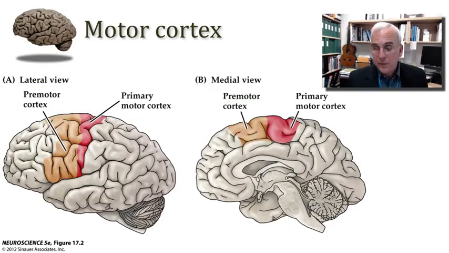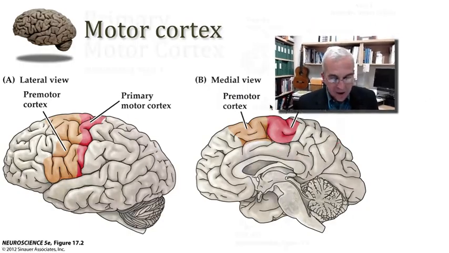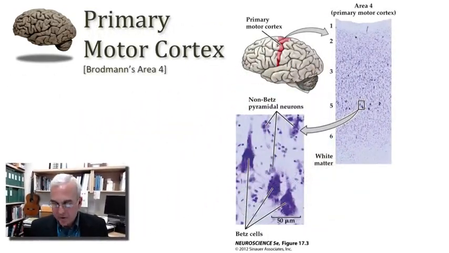So for the remainder of this part of the tutorial, I'd like to focus on the structure and function of the primary motor cortex. And this is really a fantastic part of the human brain. If we prepare histological slices, as I did some years ago with my colleagues here at Duke, we can really recognize the fantastic appearance of this part of the brain as it's viewed under the microscope with a standard histological stain like a Nissl stain.